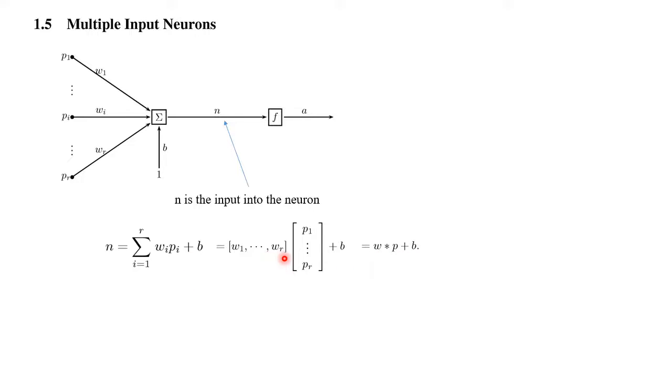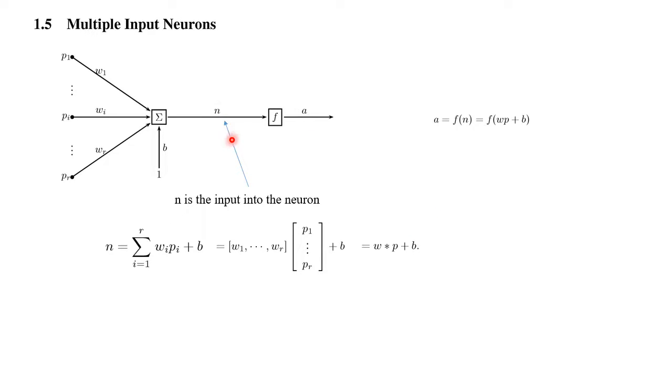W is a 1 by R vector, P is an R by 1 vector, and their product is a number, 1 by 1. Add the number B. The star here represents matrix product, and we're going to suppress that from now on. So when we write WP, we mean W times P, matrix product.